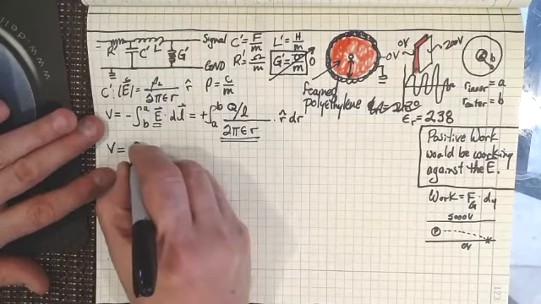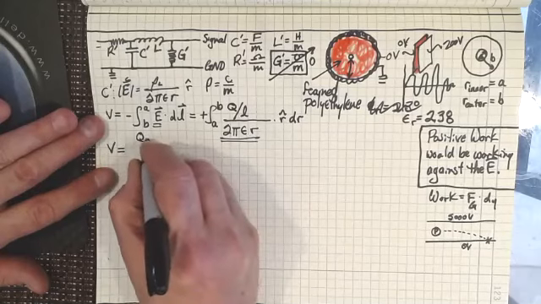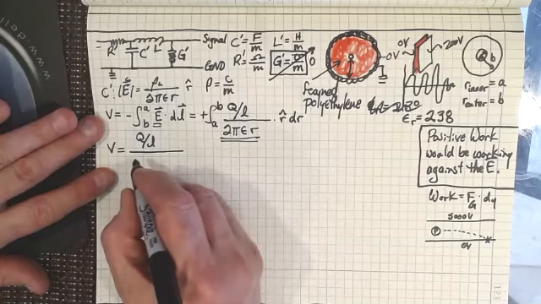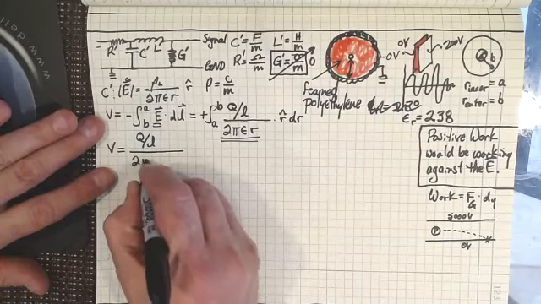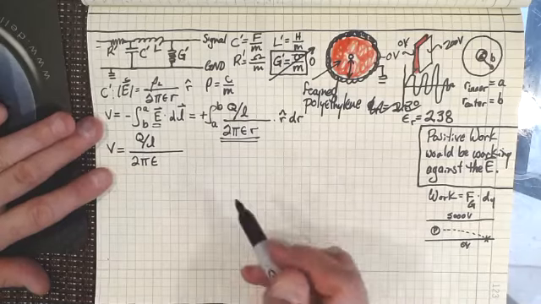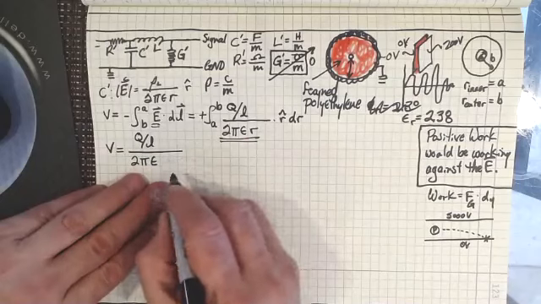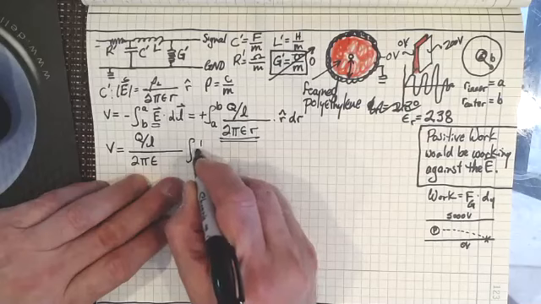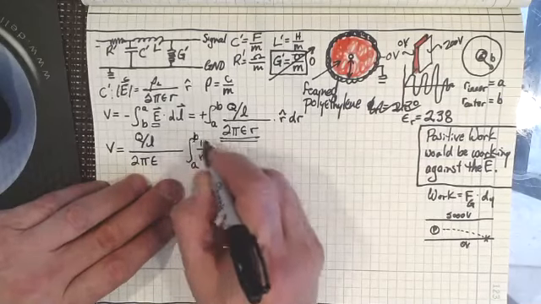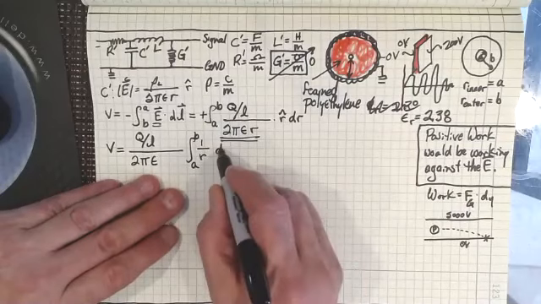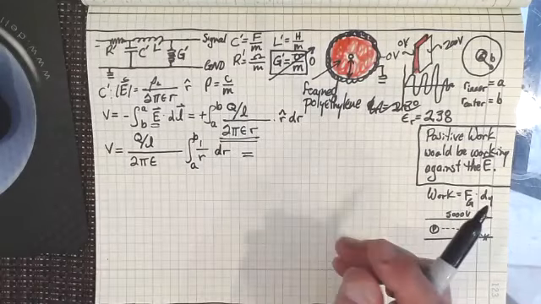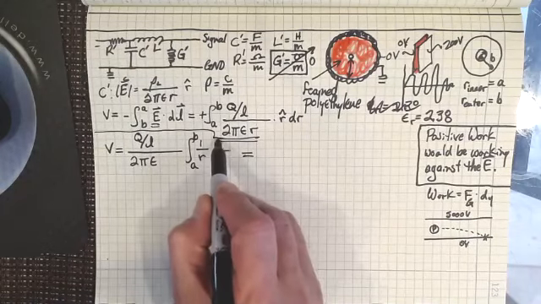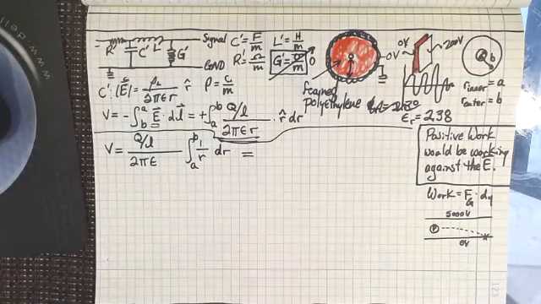So I've got Q over L divided by 2 pi epsilon, and then I've got to integrate 1 over r from A to B, 1 over r dr. I should probably put a line down there so that people realize what's in what.